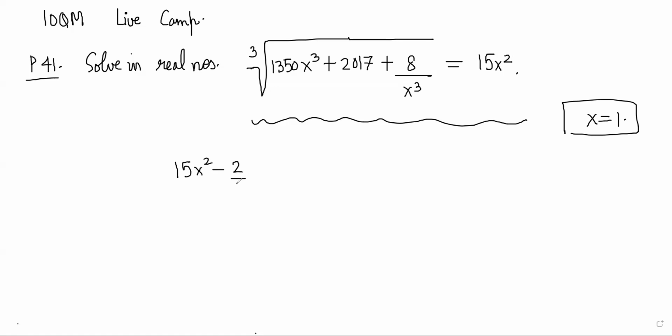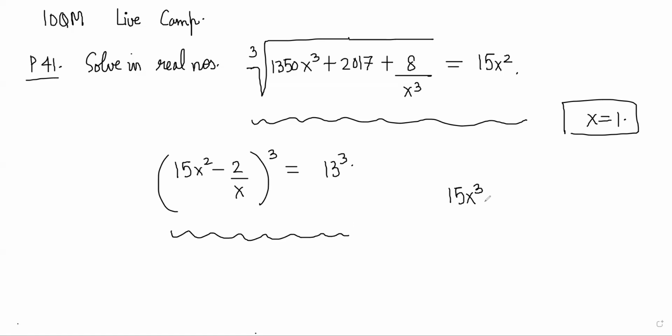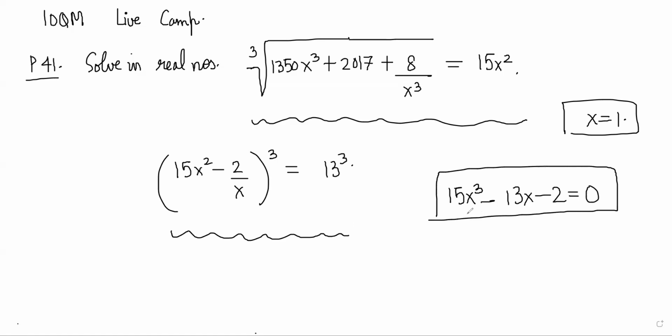(15x squared minus 2 by x) whole cube is equal to 13 cube. This equation you will get, and then it will become a cubic like this: 15x cubed minus 13x minus 2 is equal to 0. And in this cubic, it is easy to see that 1 is a root, right?